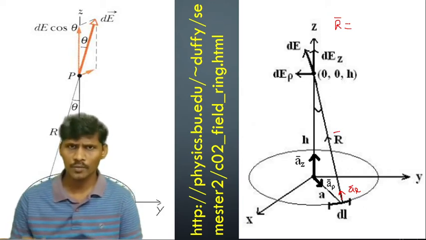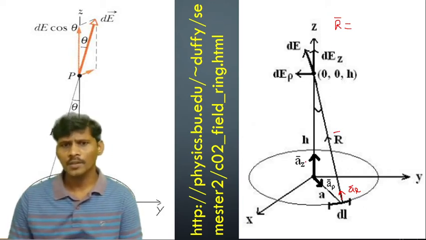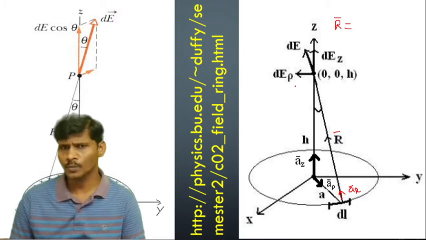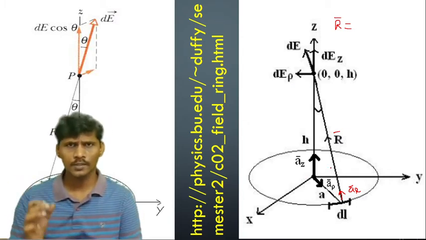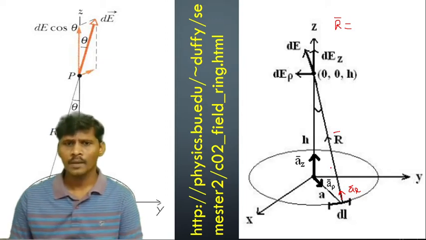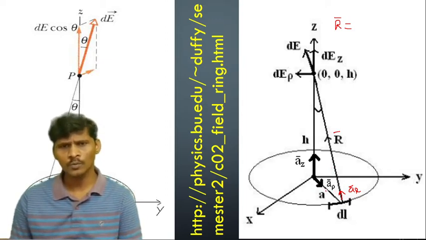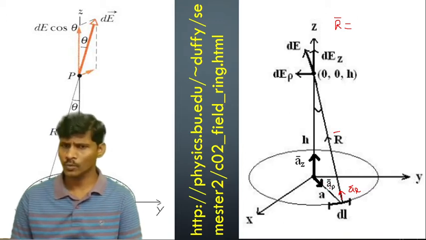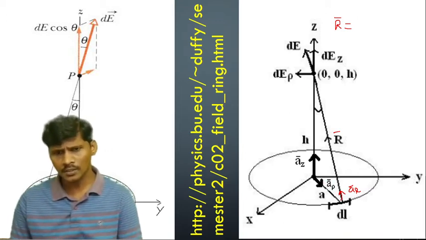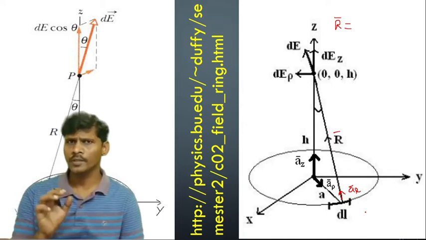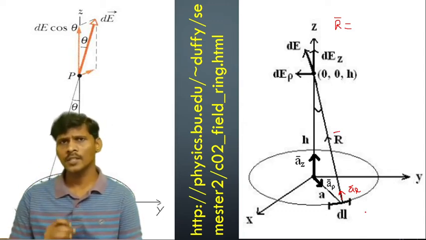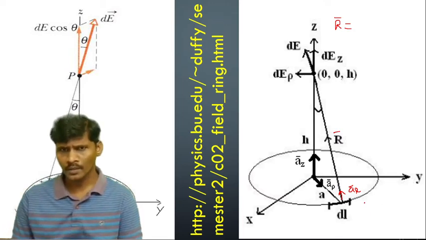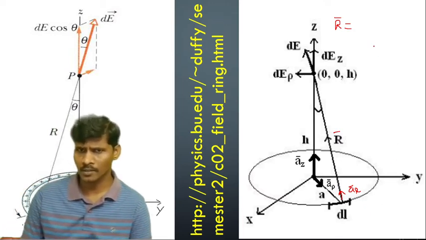Here az bar unit vector is moving towards point P, so az bar is considered as plus az bar. And the other unit vector a rho bar is not moving towards point P, it is moving in another direction, so a rho bar is considered as minus a rho bar.